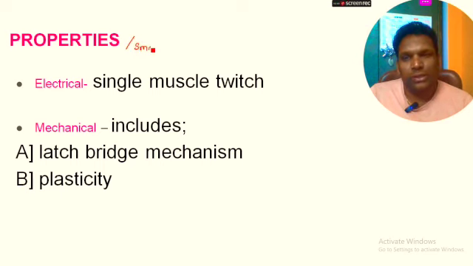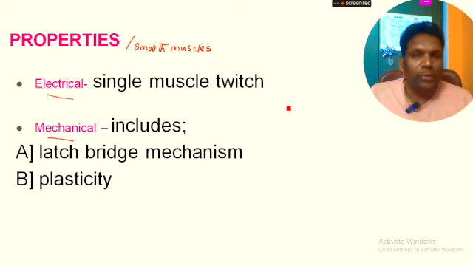When a stimulus is applied, there is depolarization, then repolarization, then return to the isoelectric line, and completion of both activities is called a single muscle twitch. The mechanical property includes contraction, which has the latch bridge mechanism, and plasticity. These two properties are very important. We'll see in detail what these properties are.